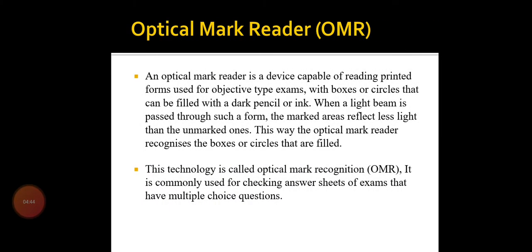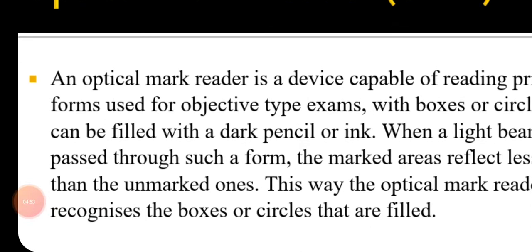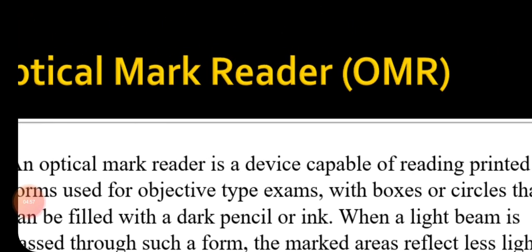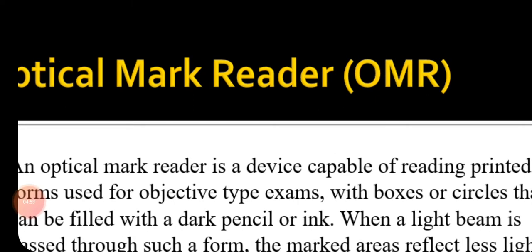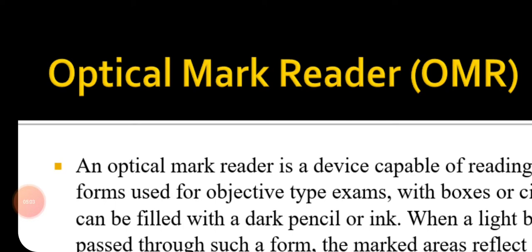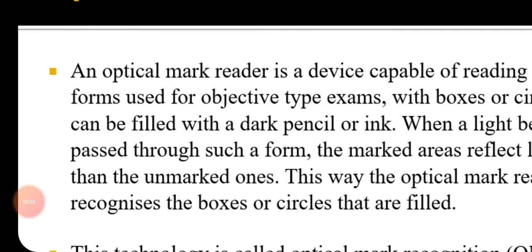Today we will discuss another input device which is called the optical mark reader. Optical mark reader stands for OMR. O stands for optical, M stands for mark, and R stands for reader.